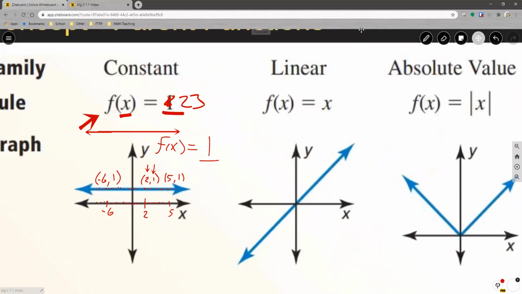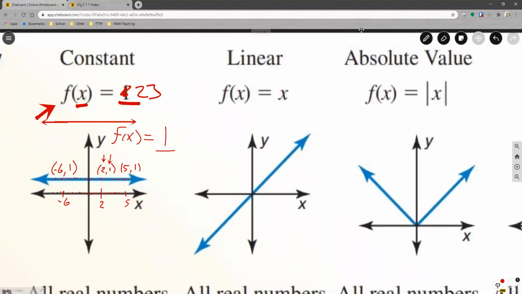Next up, we're going to go to linear functions. Linear functions, their parent function is just going to be f of x equals x.